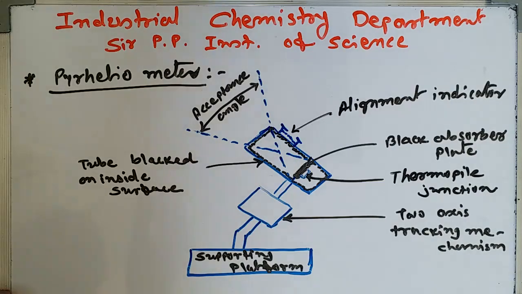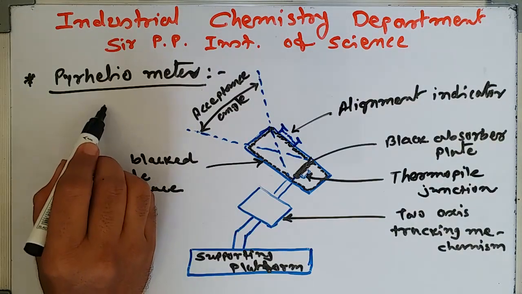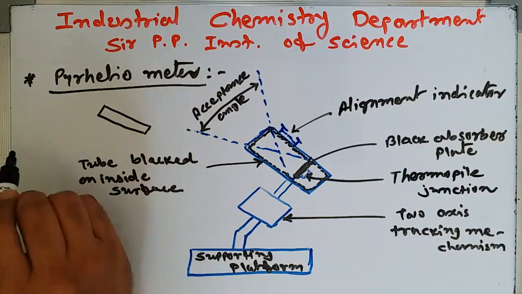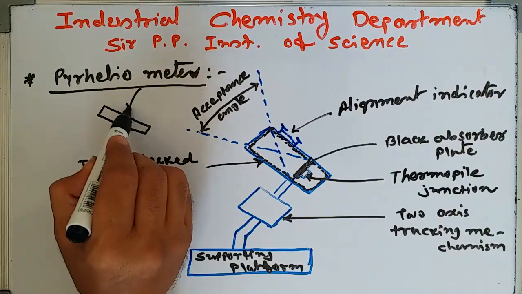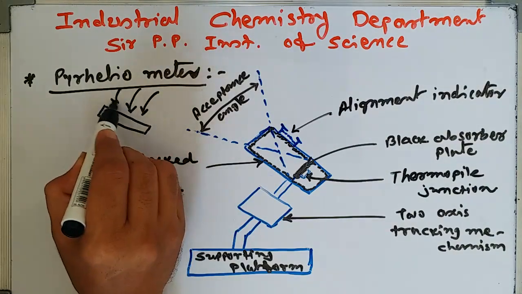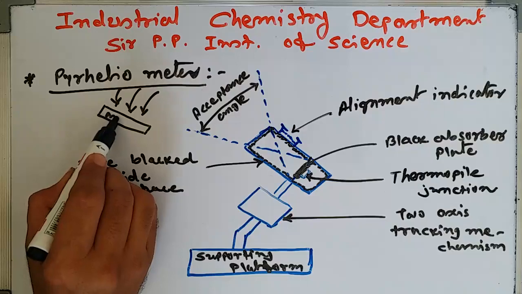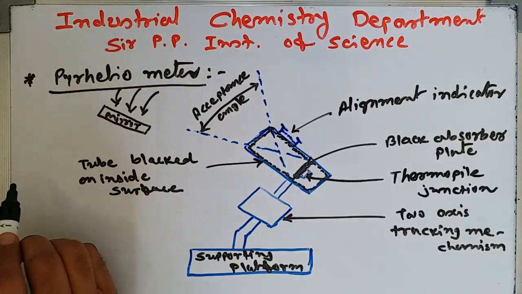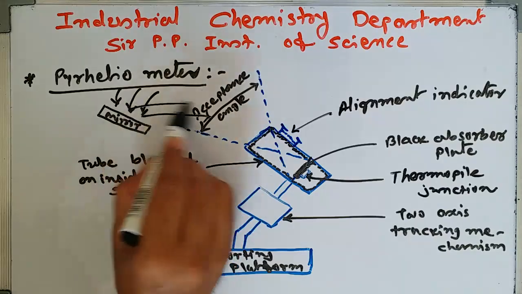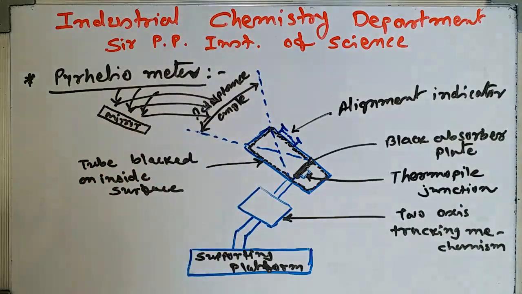For more concentration, if we see here, this is a reflecting mirror, so the direct radiation on this mirror is reflected into the acceptance angle of the instrument. So sometimes for more concentration of solar radiation, reflecting mirrors are also used.